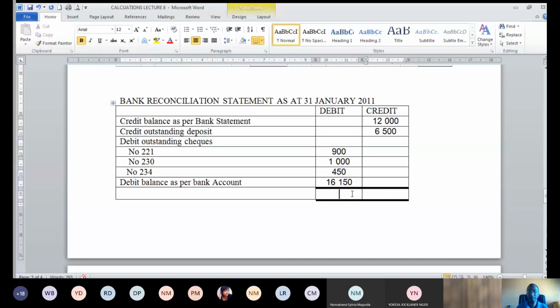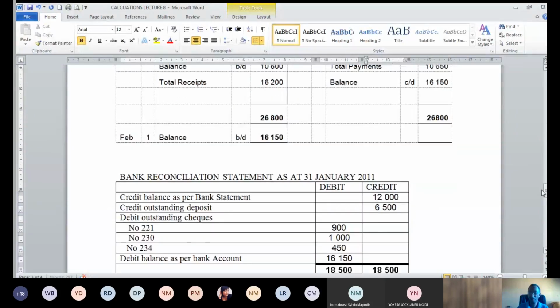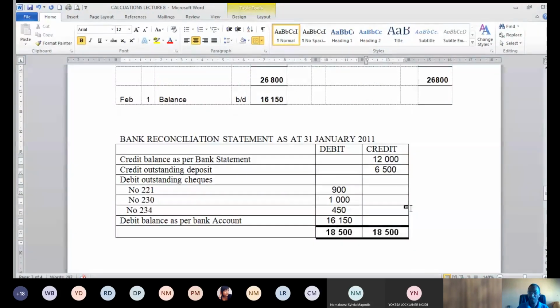You add up your debit side, it's the 900 plus the 1,000 plus the 450 plus the 16,150, giving you an amount of 18,500. Add up your credit side, 12,000 plus 6,500, that is giving you 18,500. And you will see that in that question, our bank reconciliation statement there, guys, will balance.